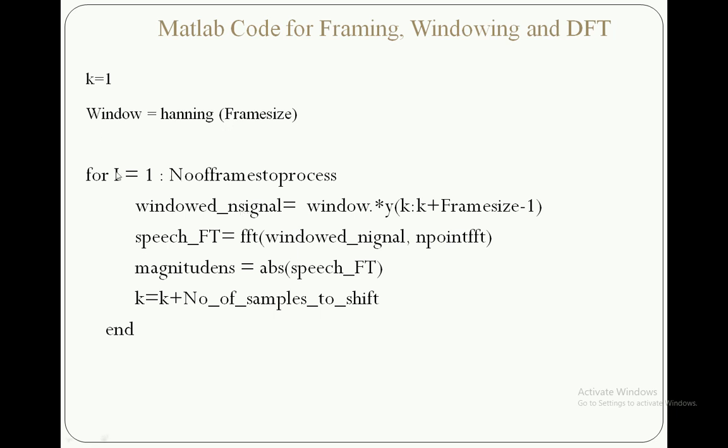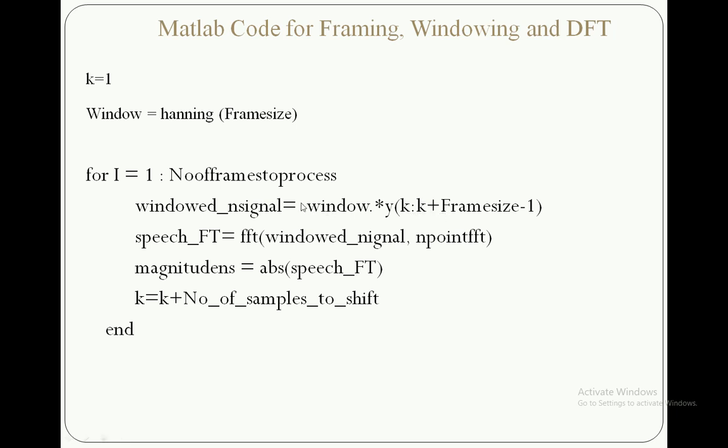So for I equal to 1 to the number of frames, let us consider some 1000 frames, for each frame we have to apply the window. That is, the window I am applying on this Y. What is Y here? We have stored the data in Y. So Y of k, where k is 1 to the frame size, that is 1 to 160.